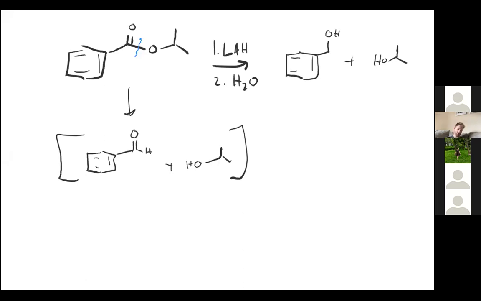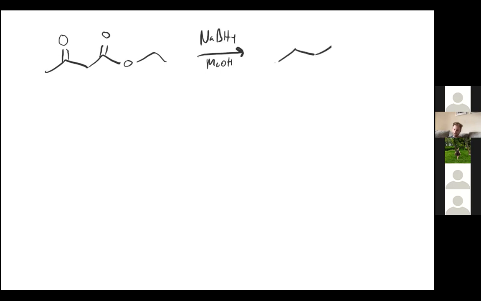We again get some selectivity here. So if we take a ketoester, something that has both a ketone and an ester on it, and throw in our soft reducing agent, sodium borohydride, we will selectively reduce this at just our ketone position.